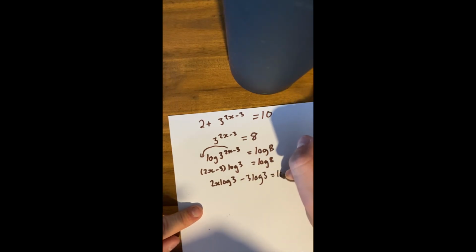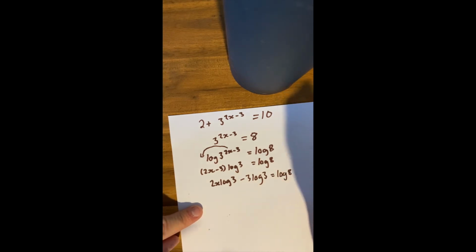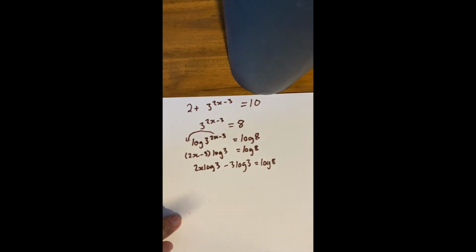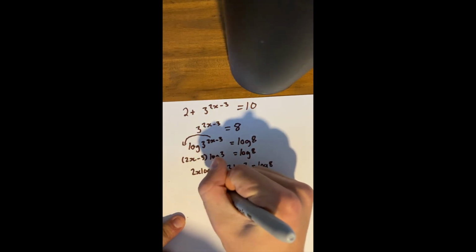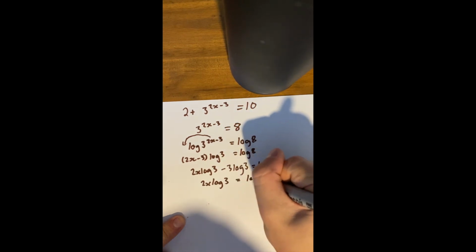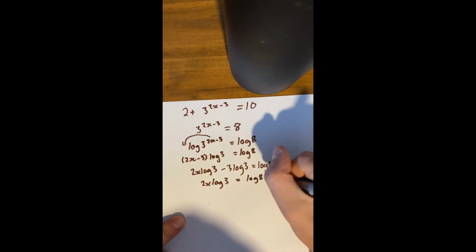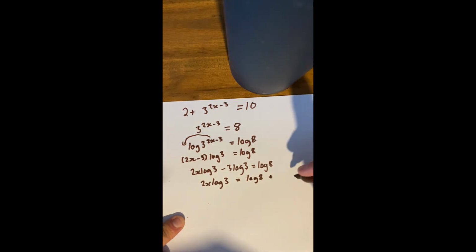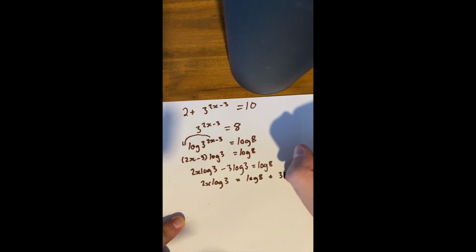And that, of course, equals log 8. Now, it's the same method as before. We rearrange for x. So doing that, we get 2x log 3 equals log 8 plus 3 log 3.